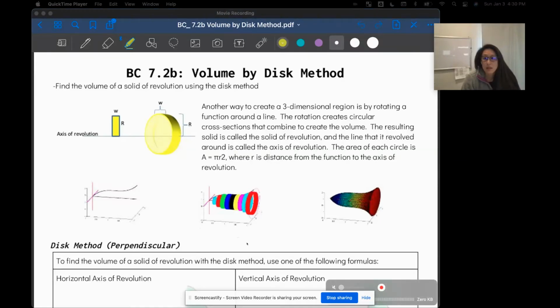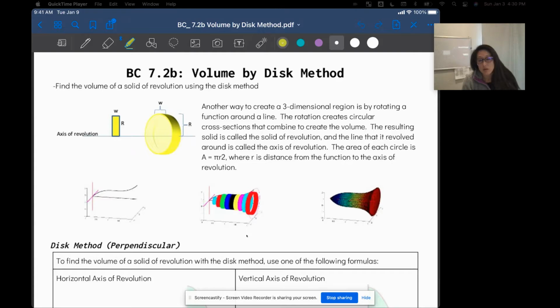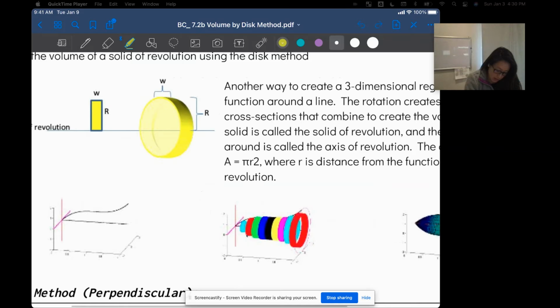Now we're going to take the volume of a three-dimensional object that is being rotated around an axis of rotation. So if we think about a rectangle, it's basically the distance between two curves, and we take that stick, think about a flag on a toothpick, and then you rotate the toothpick around, the flag will make a circle, right?